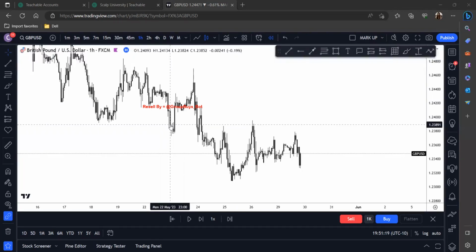That's the only time that I'll look at the higher time frames to see what was going on, because normally in that case, that could have been caused by a news event or something that happened in the market which caused volatility. So those are the only reasons why I would start at a higher time frame.